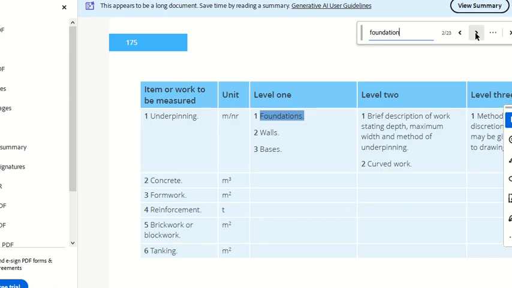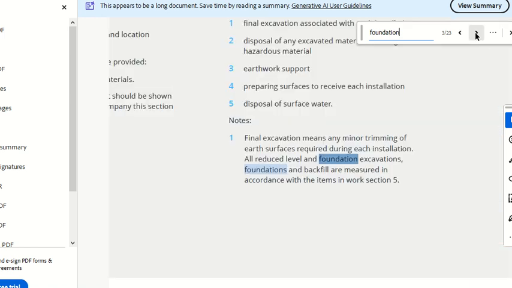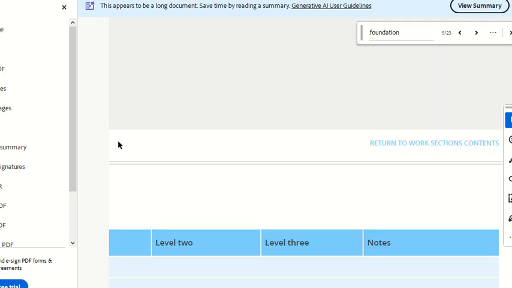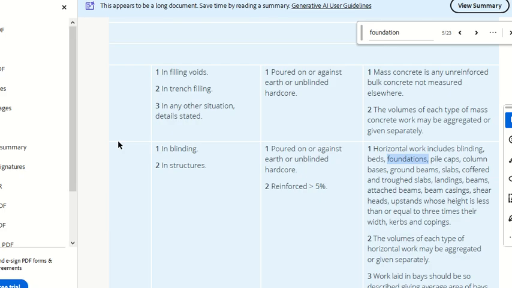Concrete was in 8 October, it's not here. That's its foundation. Foundation excavation. We're looking for foundation concrete. Foundation concrete, something like this. This one. Trench filling or trench foundation. This one.